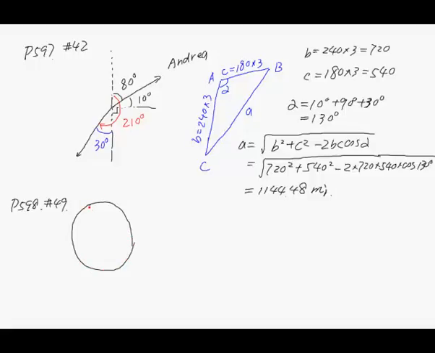And then we have such a pentagon. The center. So the radius of the circle is 10 meters, 10 here, 10 here.